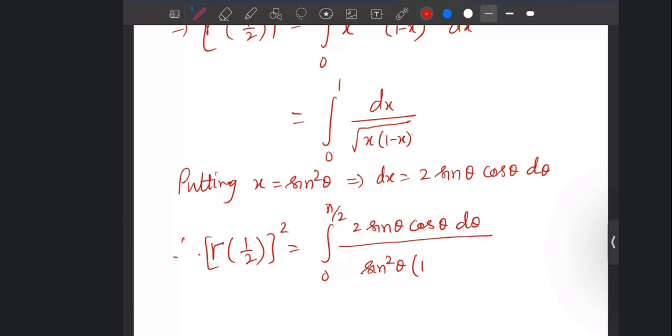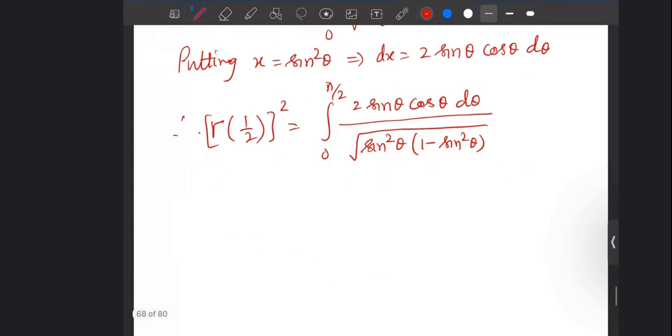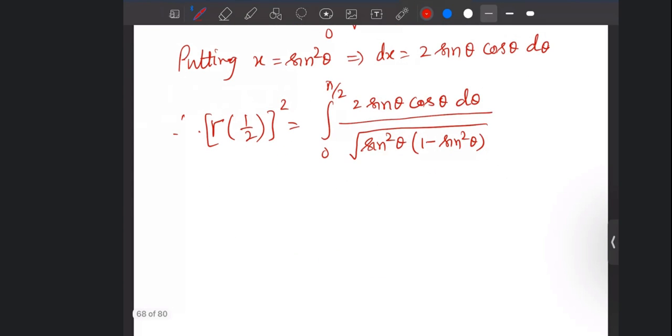It is under the root of 1 minus sine square theta, that is cos square theta, and under root of sine square theta into cos square theta will become simply sine theta cos theta.